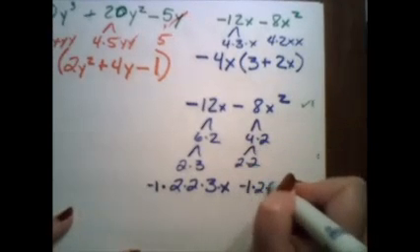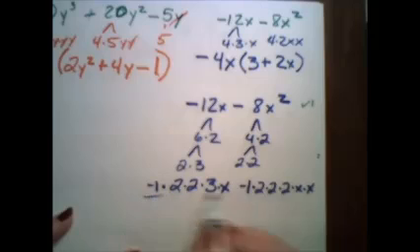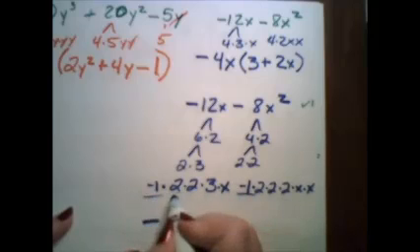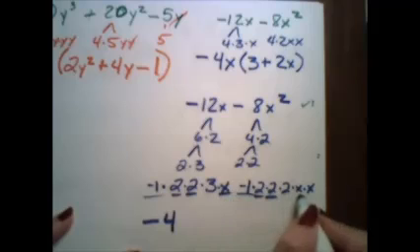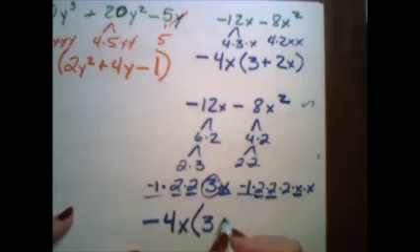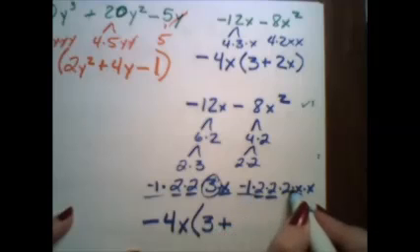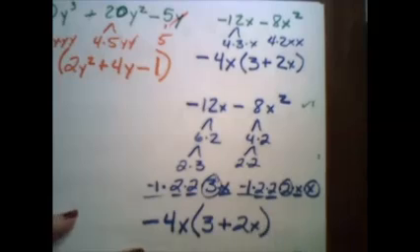So I've got 2 times 2 times 2 times x. I've got a negative 1. I've got 2 2's. And I've got an x. And what's left is 3. And I took that negative out, so now this is plus. And I've got 2 and x left over.